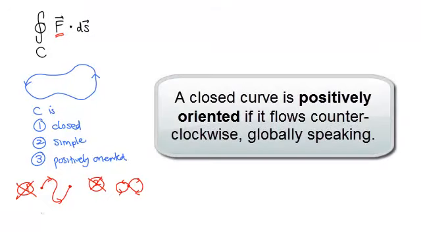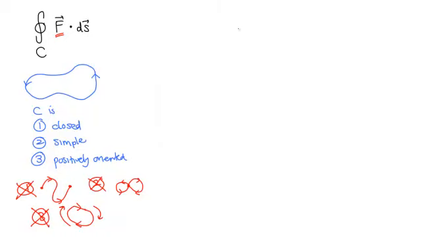And finally, positively oriented just means that the flow around the curve is, roughly speaking, counterclockwise. So something negatively oriented would be a curve whose global rotation is clockwise as opposed to counterclockwise. So under these 3 assumptions, could we in fact calculate the line integral of any vector field whatsoever?